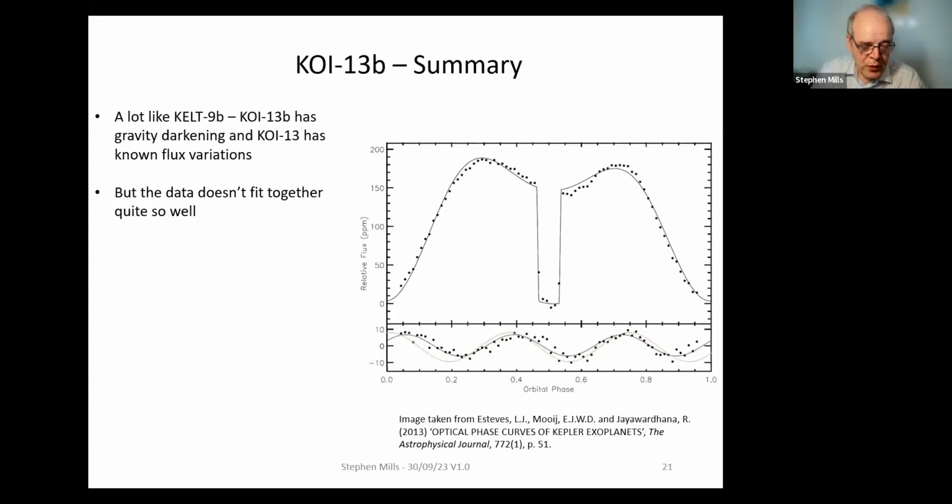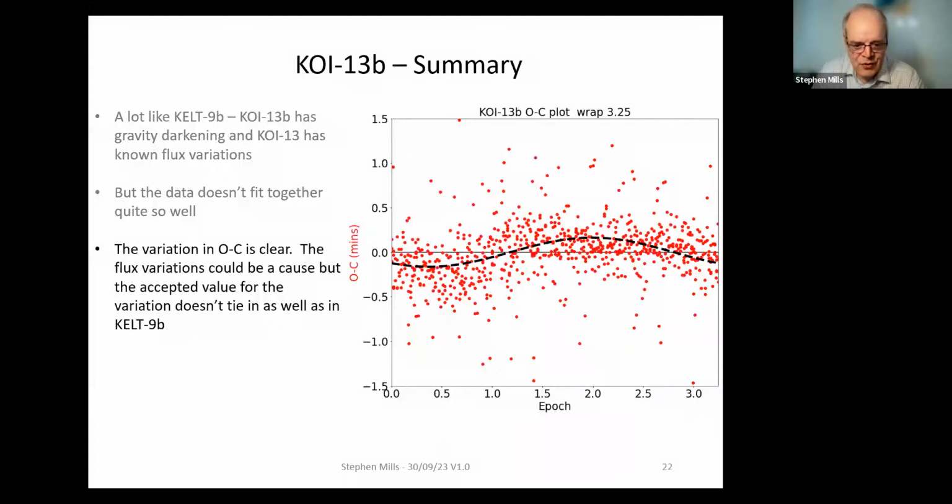I will do COI 13b very quickly because I'm running out of time. The variations in COI 13b have many similarities with Kelp 9b. COI 13 also has gravity darkening. There are some periodic flux variations going on, but the maths doesn't quite work out as well.